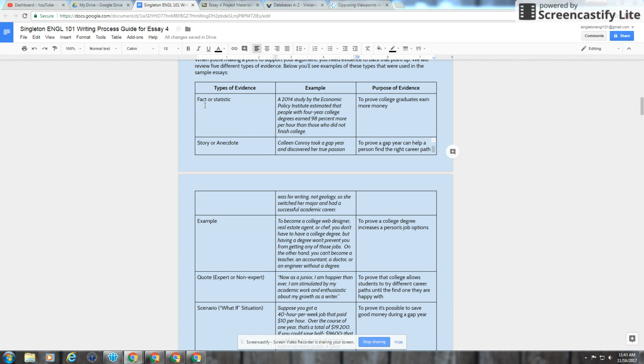So if we look here, example, a 2014 study by the Economic Policy Institute estimated that people with a 4-year college degree earn 98% more per hour than those who did not finish a degree.